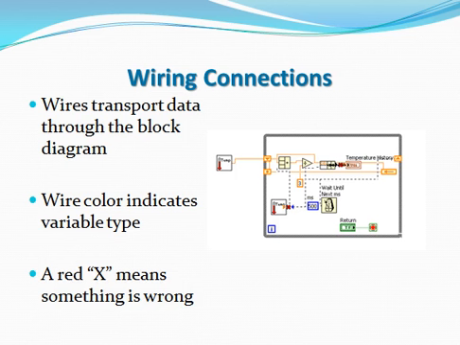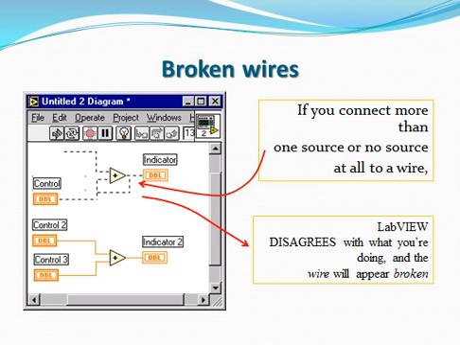There is code in which there is a red cross, which indicates that a wrong wire is placed here. It indicates that. Broken wire.